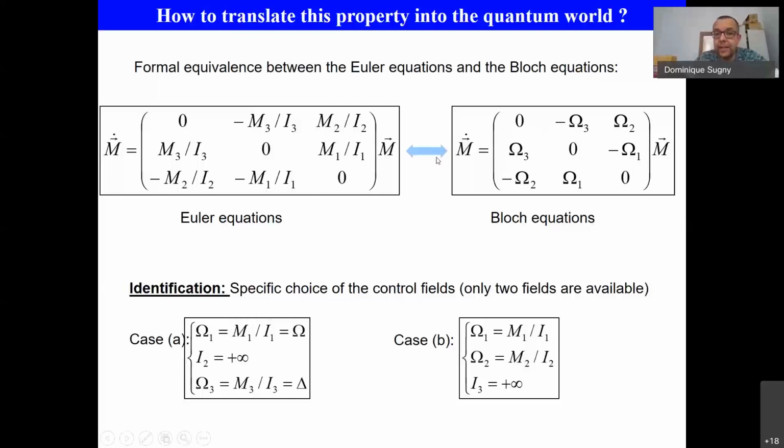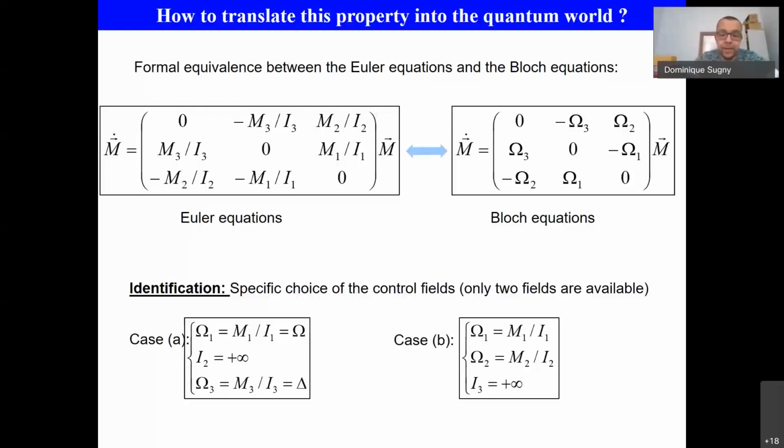So we cannot directly identify the control fields to the coordinates of the angular momentum, but we can use this idea. If one of the moments of inertia goes to plus infinity, then the corresponding term goes to 0, and so we can still use this identification.